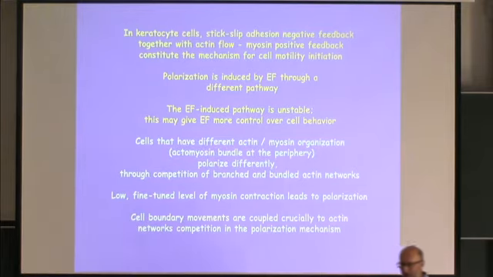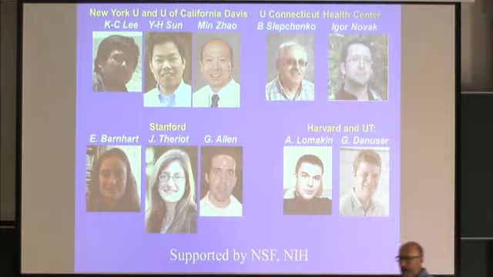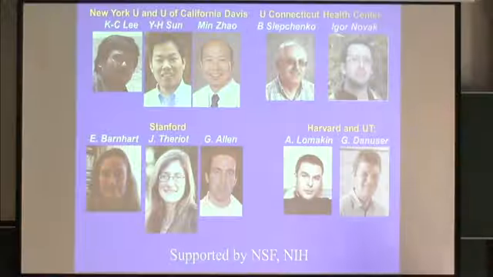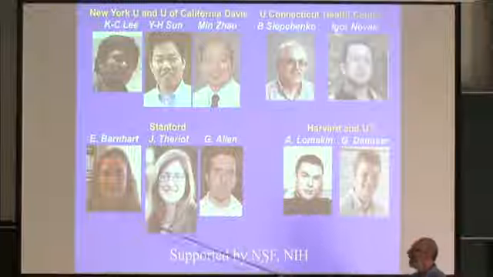Here are the conclusions from all the three stories. Sorry, the last two stories were so fast. These are the people who were involved in the research. All the modeling was done by my former postdoc, Kun-Chun Lee. The experiments on keratocytes were done in Julie Thiriot's lab at Stanford.